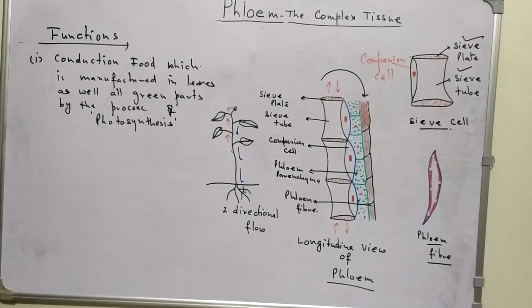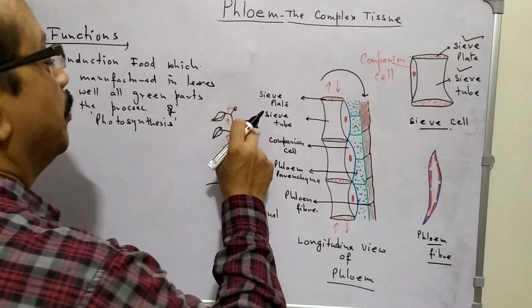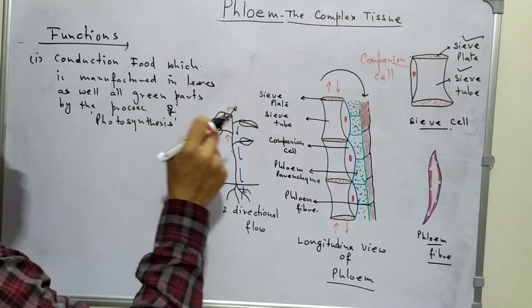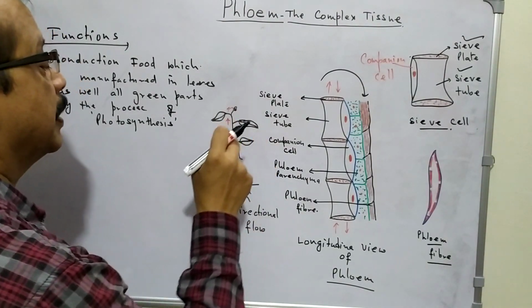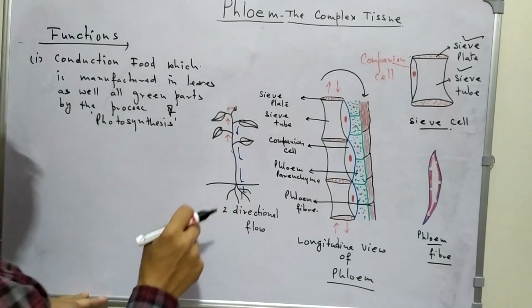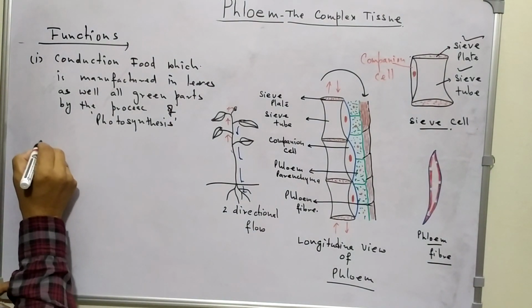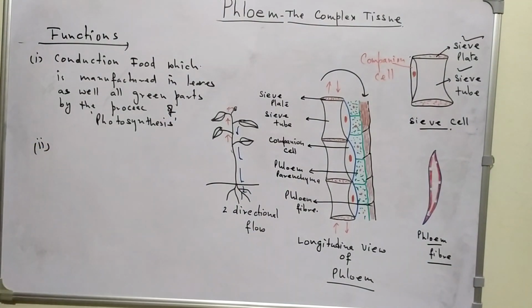Right? The food manufactured by the process of photosynthesis, the conduction takes place by the phloem upwards and downwards.